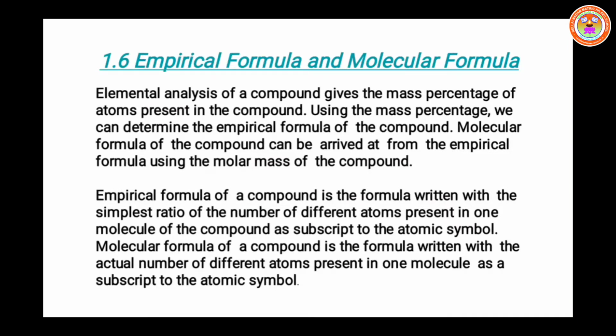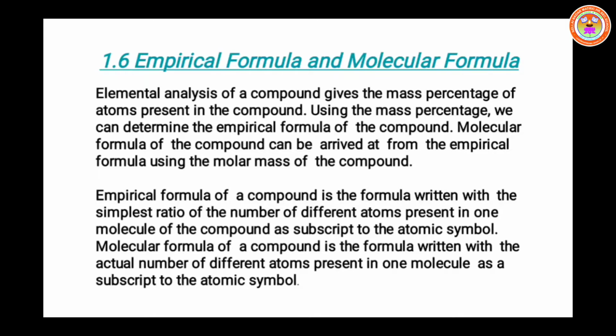Using the mass percentage, we can determine the empirical formula of the compound. Empirical formula gives the proportions of the elements present in the compound but not the actual numbers or arrangement of atoms. So what is empirical formula?